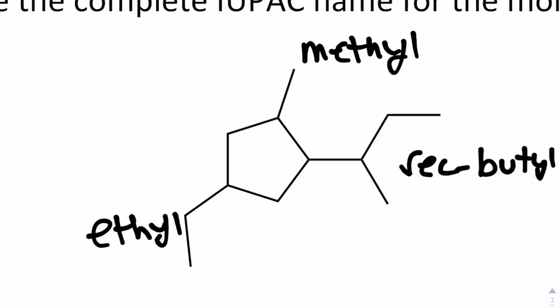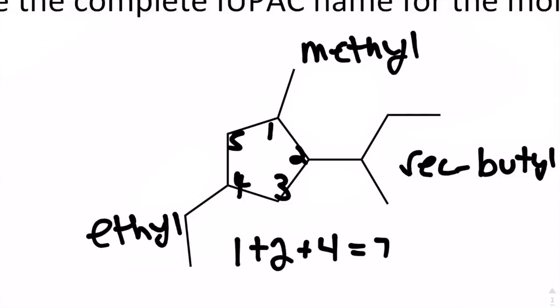So we can pretty much start with whatever substituent you want as carbon number 1, but keeping in mind that you want to give them the lowest possible numbers. So if I started with methyl, 1, 2, 3, 4, 5, it looks like my numbers are going to be 1, 2, and 4. So 1 plus 2 plus 4, that's going to give me about 7.